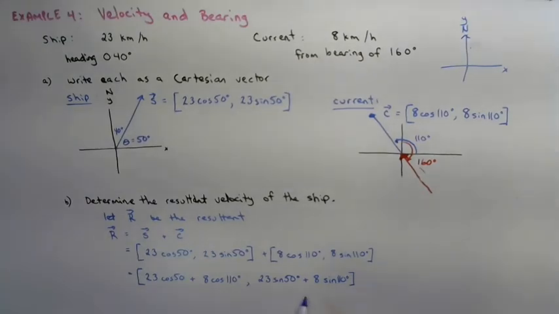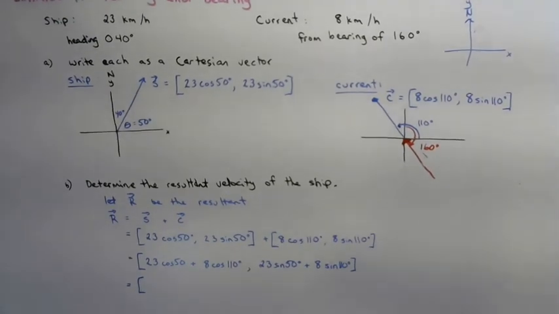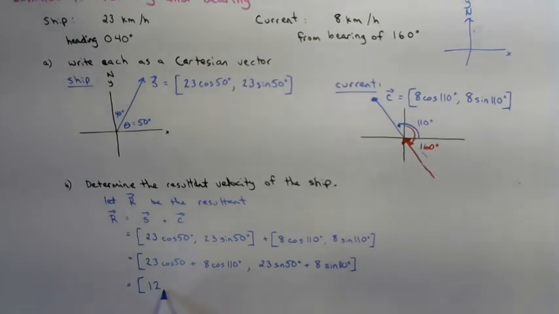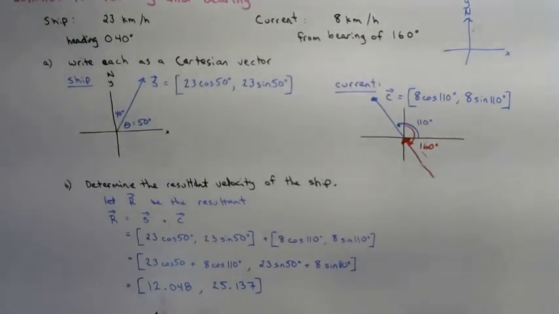And now carefully plug these in your calculator, and you will come out with approximately, for a horizontal component, 12.048, and a vertical component of 25.137. Okay, now these are the coordinates of the resultant vector r in standard position.